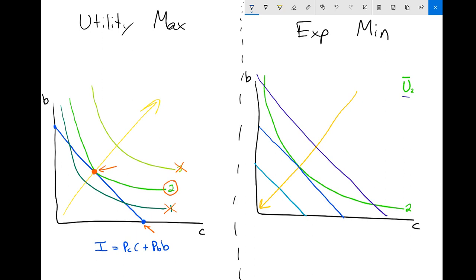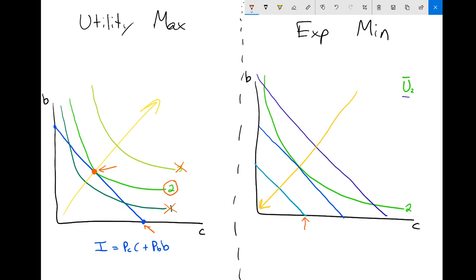Okay. So now they take the utility value as given, and then they will choose the lowest possible expenditure level that still allows them to achieve the desired utility. So now let's talk this through. Will they choose a bundle that is on this indifference curve, the light blue one?